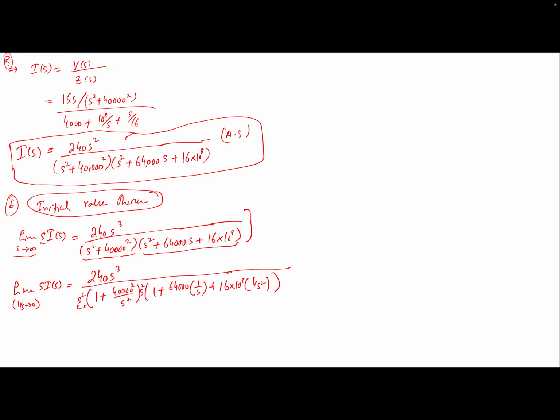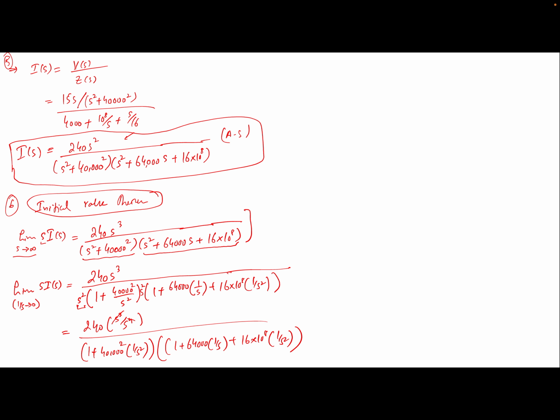So in the denominator I have S to the fourth. And 240 S cubed over S to the fourth comes out to be 240 times 1 over S, divided by 1 plus 40,000 squared times 1 over S squared, times 1 plus 64,000 times 1 over S plus 16 times 10 to the 8 times 1 over S squared.